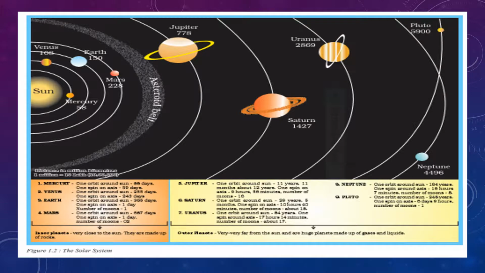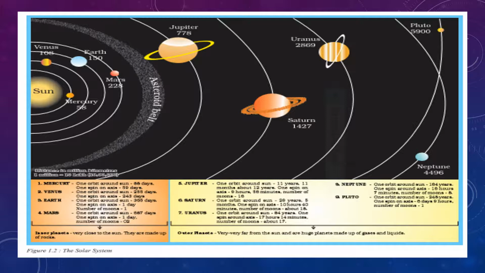Friends, as you can see in the picture, there is a sun and around it there are 9 planets. But now Pluto has been removed in 2006 because it was not following its orbit and it was going into the others' orbit. So the criterion to be a planet is that it should follow its own orbit.